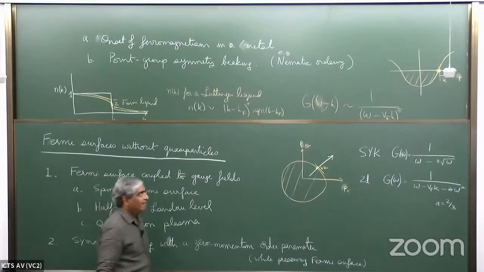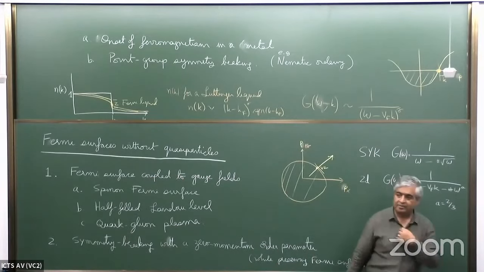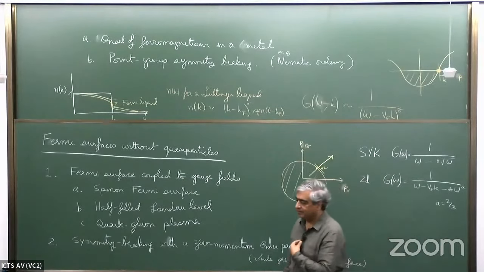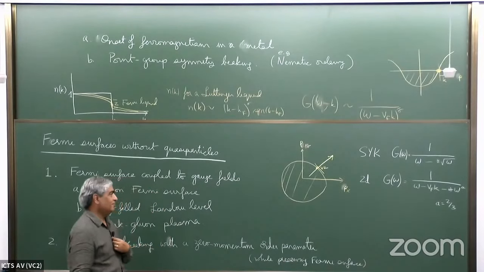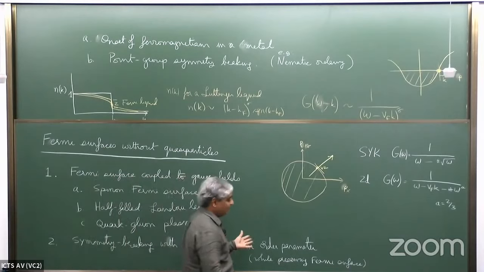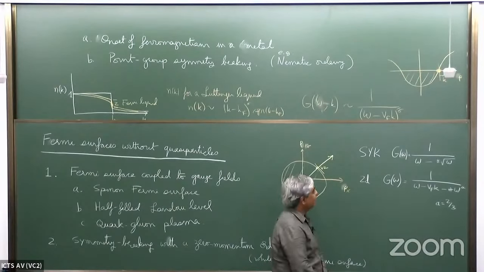So is there an intuitive way to understand where the randomness in the couplings of SYK originates from, or is this something you will explain? I'm not really going to talk about SYK. I'm going to talk about systems which are spatially translationally invariant today.